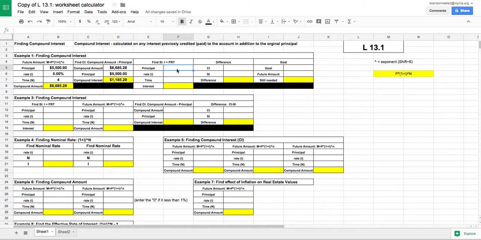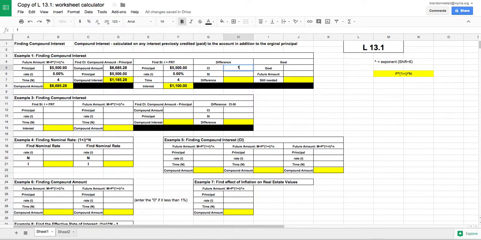Now they want us to do a comparison with simple interest. So we're using the same percents, the same time, but this time we're using the simple interest formula, which is principal times rate times time. So as we see, we'd have 1,100.